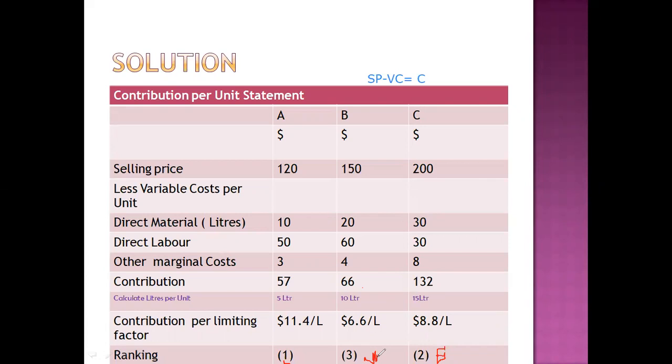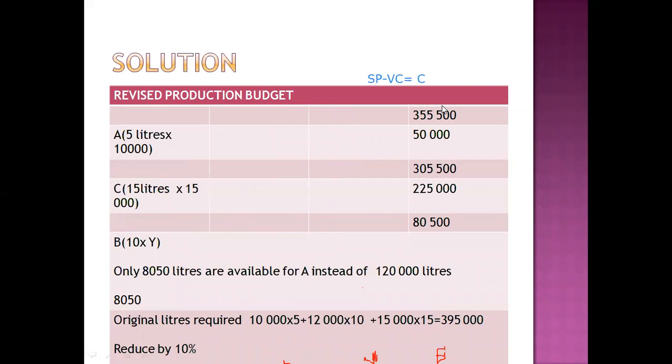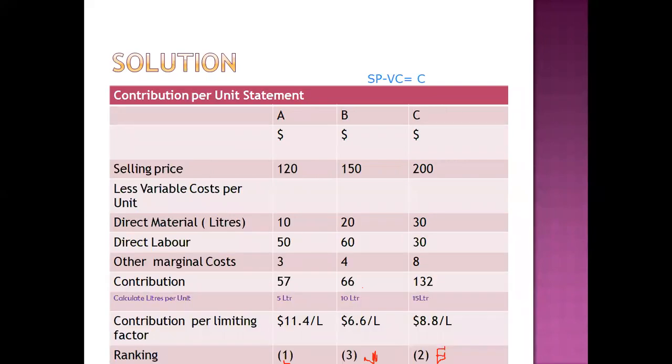So ranking the products is another aspect that you need to know. We rank them according to how much they are contributing per liter, because the problem is that it has been ascertained by management that the number of liters will be limited in supply. Let me show you the statement that the liters were going to be in short supply.